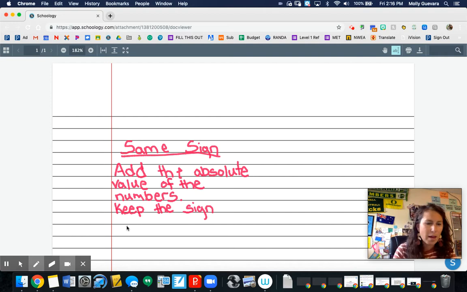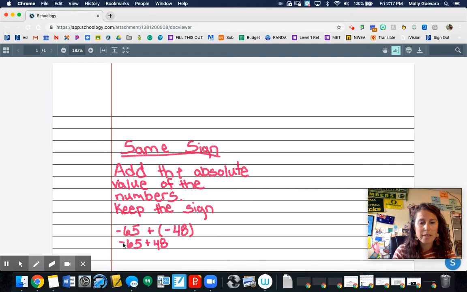So let me show you what I mean by that. This is just an example. If I add negative 65 plus negative 48, I'm going to add 65. So the absolute value of negative 65 is 65, plus the absolute value of negative 48 is 48.